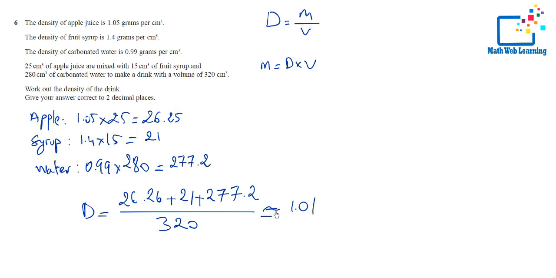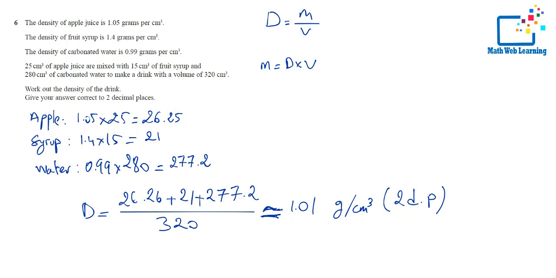I should put a squiggly equal sign there, which means that it is rounded. 1.01, the unit is gram per cubic centimeter, and the accuracy is 2 decimal places. All right, so that's the answer to exercise 6.